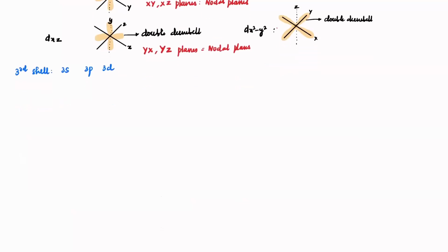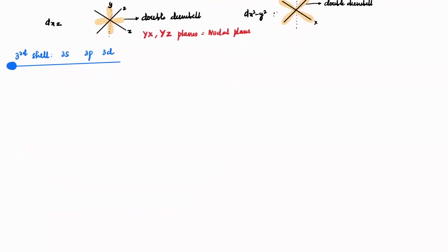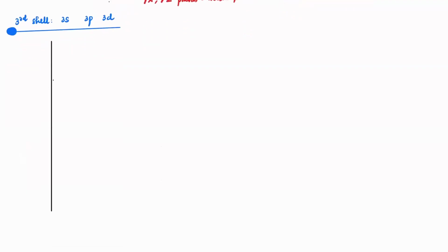Check it out. For this third shell, when you plot the graphs, how do they look? If I plot the graph, all the graphs I'm writing in one particular line here. This is for psi, R of 3s, correct?